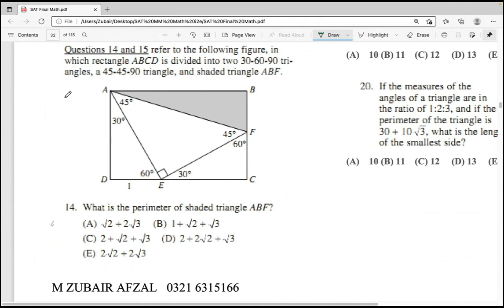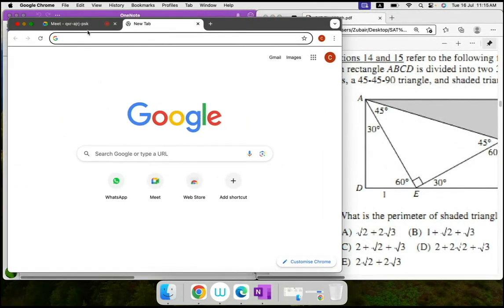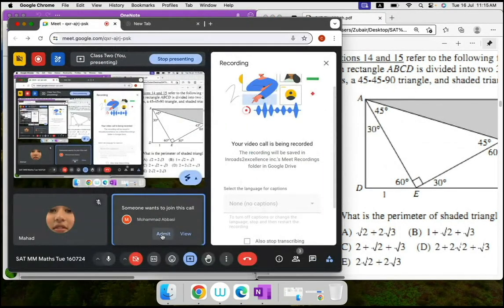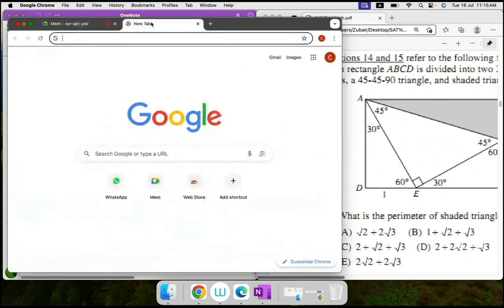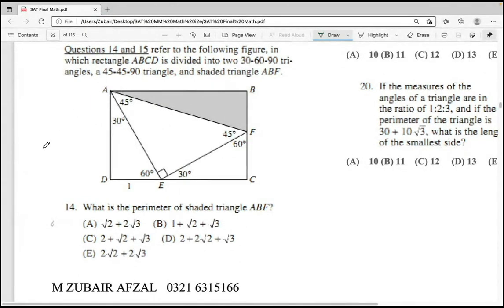Okay. We'll join in a while. Assalamu alaikum. Mohammed, quickly try this 14th question.